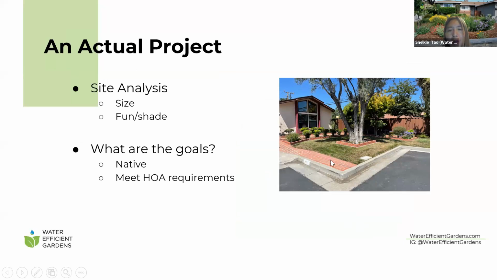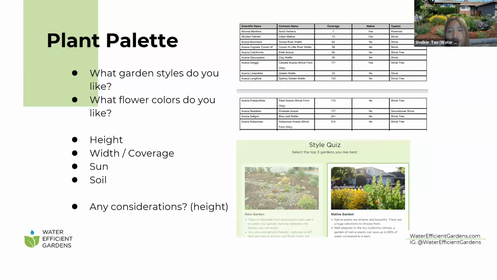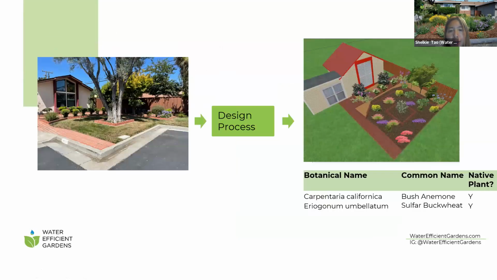So when we select plants, we need plants that can take full sun here, but pick plants that can take at least part shade here. With all that analysis, we pick the plants that can meet these conditions.